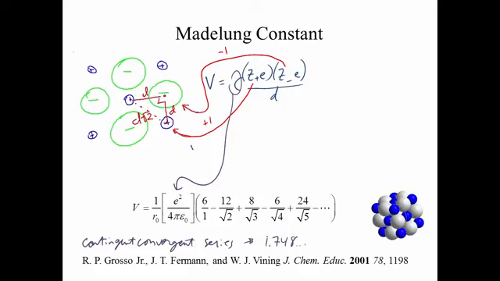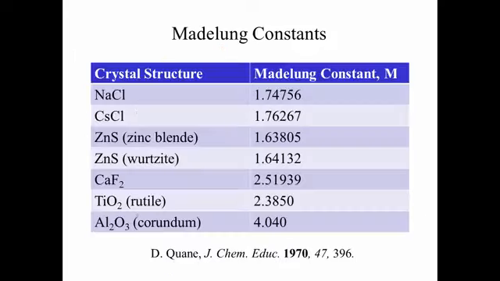So this value that it converges to is a constant for this type of structure, the sodium chloride structure, and that was derived by Madelung, so this is the Madelung constant. And there are a set of Madelung constants for different crystal structure types. Here's a series of the different structures that we discussed before.